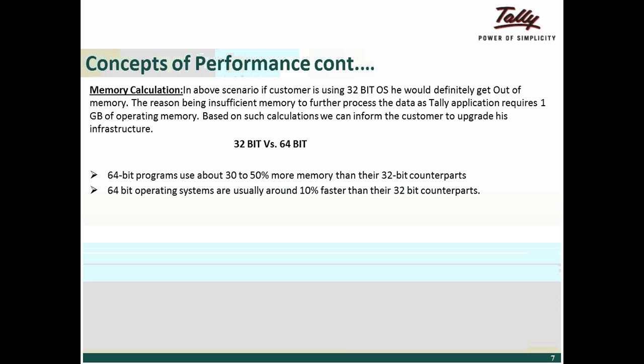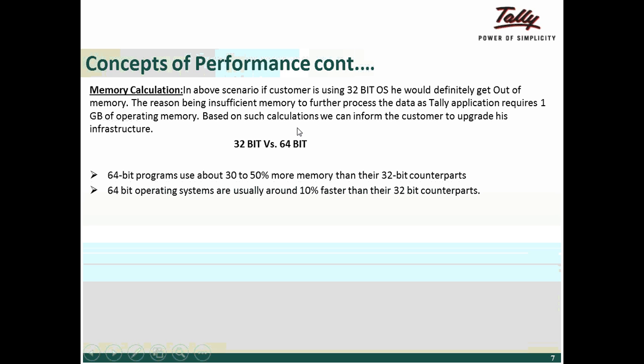Okay. So, we were talking about the difference between a 32-bit and a 64-bit application. A 64-bit operating system will have an improvement in performance, about 10% faster than its 32-bit counterpart. So that's the major difference. Apart from that, memory consumption will utilize the full available memory to give you the desired report.